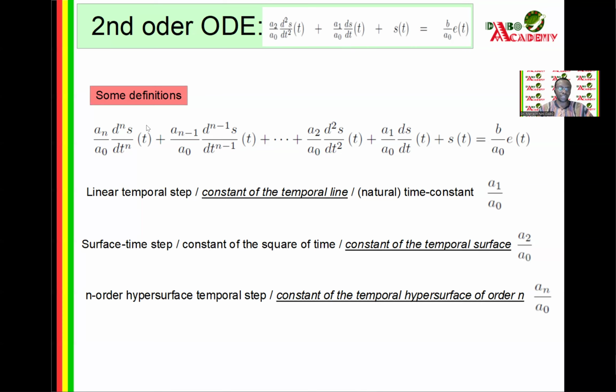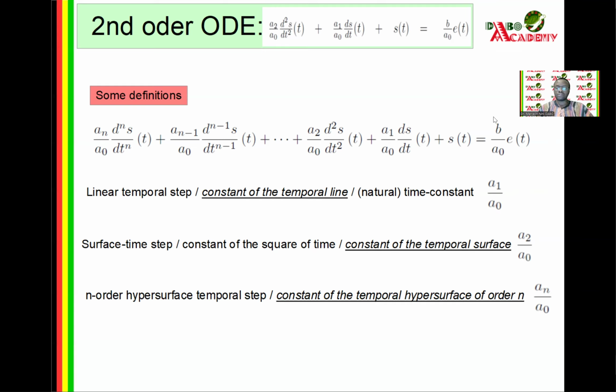Let's consider now a greater order, okay, superior order to order 2. I mean, we take order n, for example, and then we write our equation, differential equation like this, where the A0 can be multiplied here, and then you don't have the denominator. But for commodity, let's just divide, as it is written here, all the expression by A0.